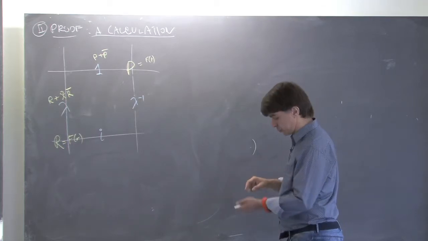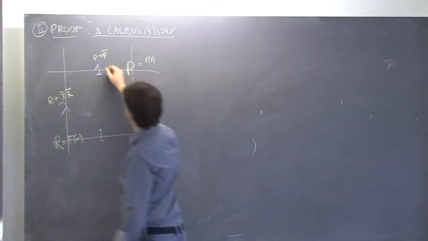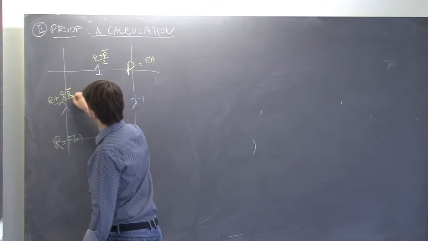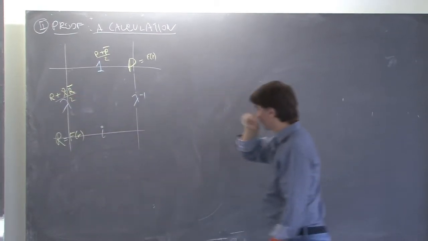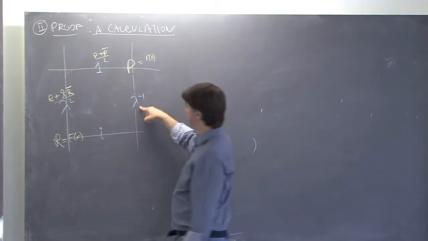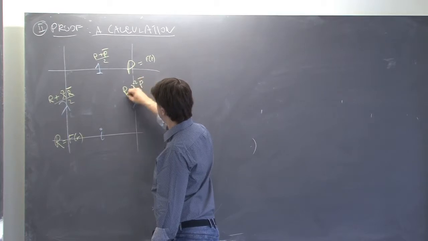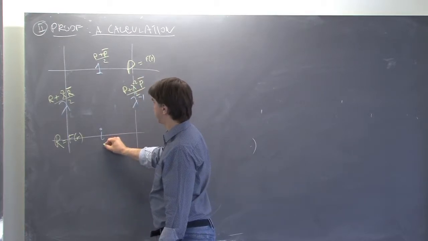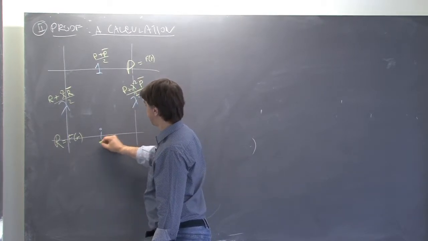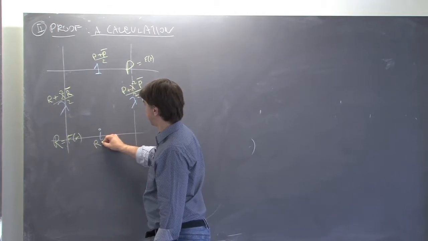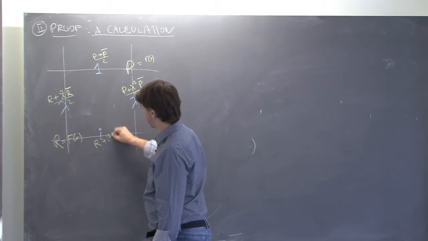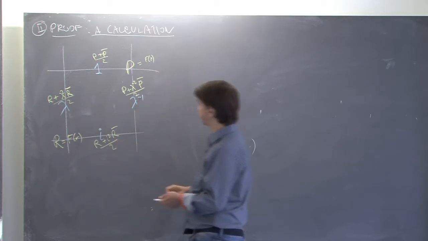I have to divide by 2 probably, or everything. And similarly here it will be P plus lambda minus 2 P bar over 2 and R plus i squared R bar over 2.